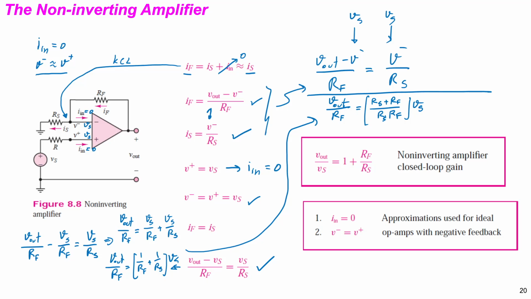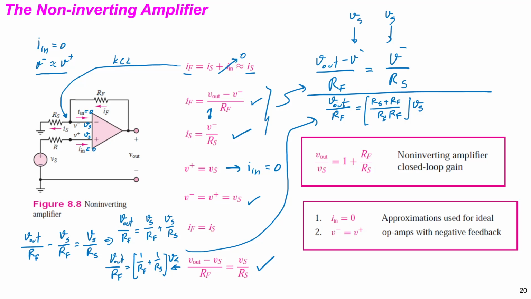We combine these two terms, 1 by RF and 1 by RS. We need to get a common denominator, RF.